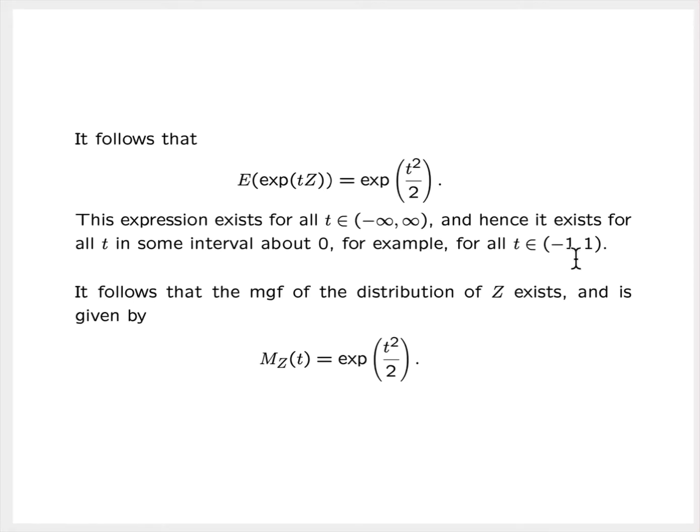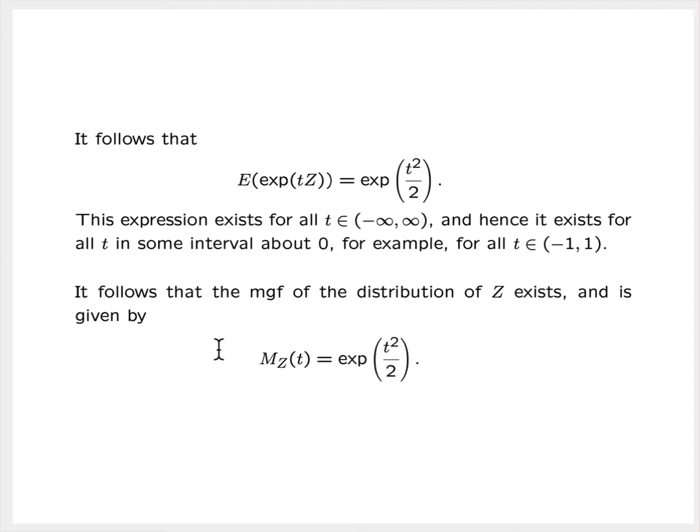Okay, so we could look at the interval from -1 to 1, and we know then that this expectation exists for all t in this interval. Because of that, it follows that the moment generating function for this distribution exists and is equal to this exponential function evaluated at t squared over 2.